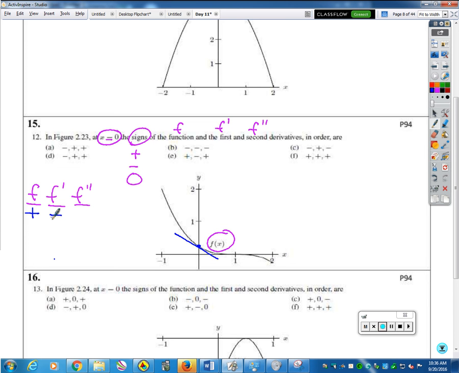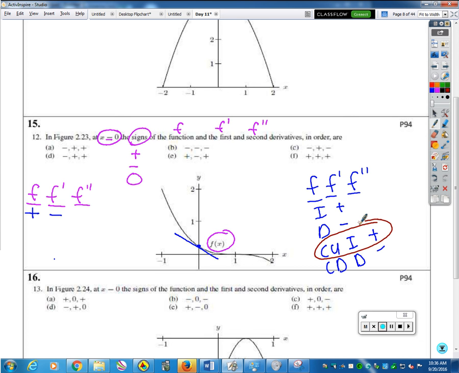Last one, use the chart. f, f prime, f double prime. Okay, f at x equals 0. Concave up. So what will be the sign of the f double prime y coordinate? Positive.